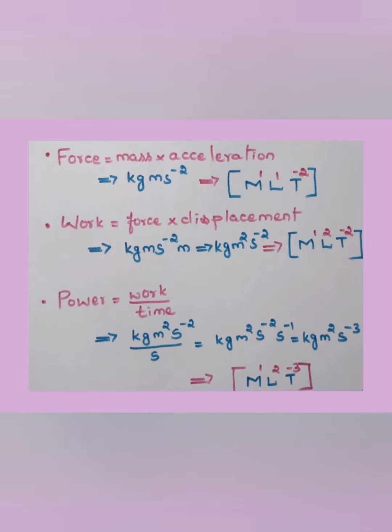Taking this second to the numerator, already you have -2 here and you have -1, so -2 minus 1 is -3. The remaining terms are all the same, kg, meter square. This you can rewrite as s to the power of -3. Just write MLT: kg, mass to the power 1, meter square, length square, s to the power of -3, time to the power of -3. Easy?